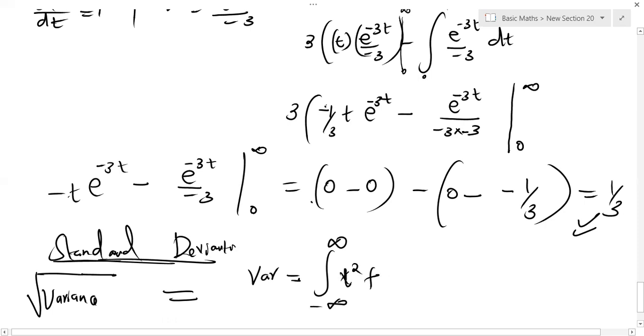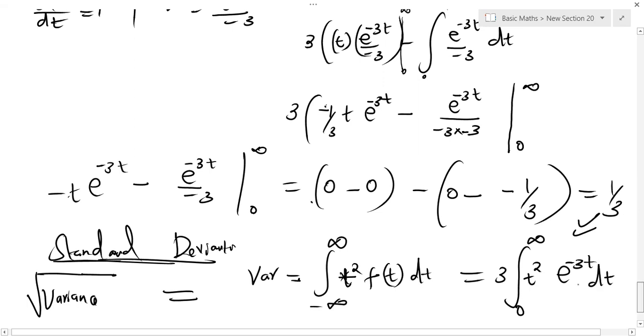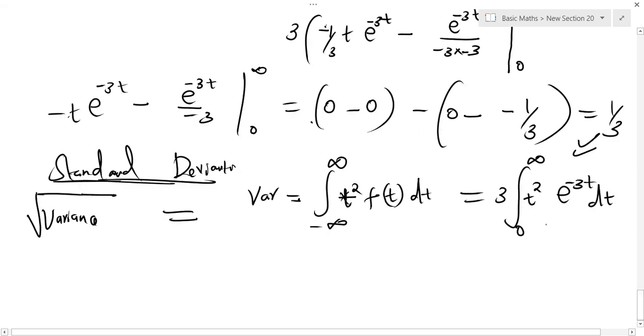But in our case we are using t, so let's have t squared f(t) dt. We will be integrating from 0 to infinity of t squared, with the 3 outside, times exponential minus 3t dt. So we are going to carry out integration by parts again. This is now going to be done twice, and then we get our standard deviation.